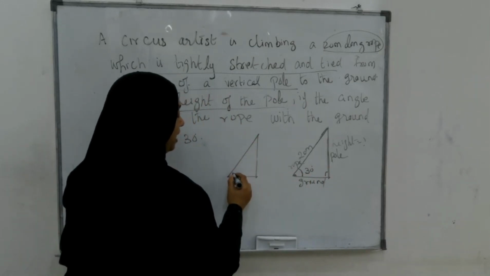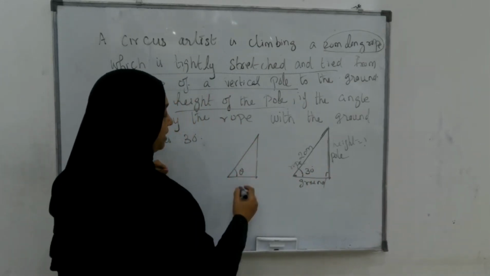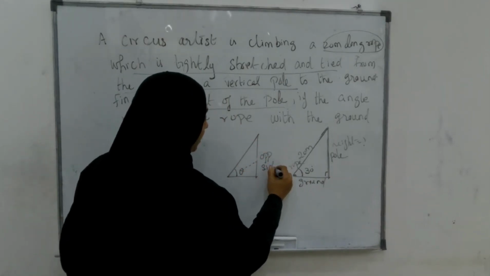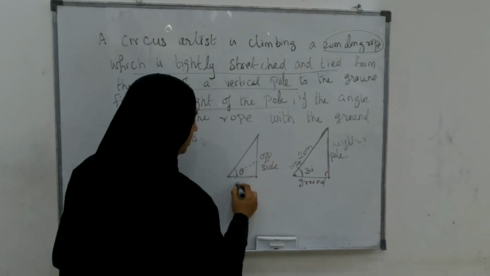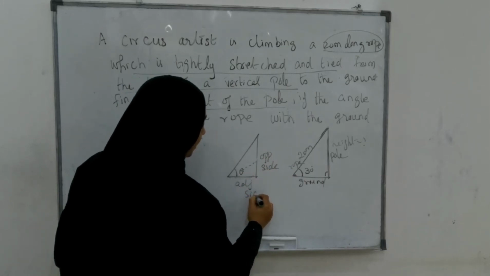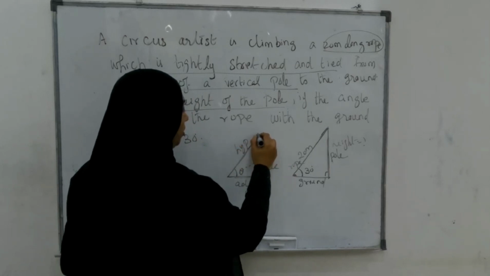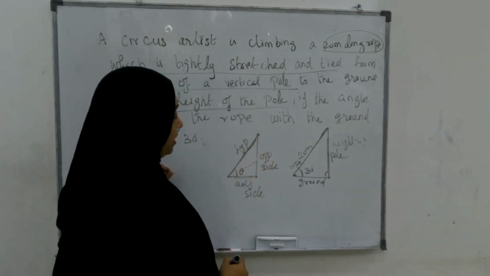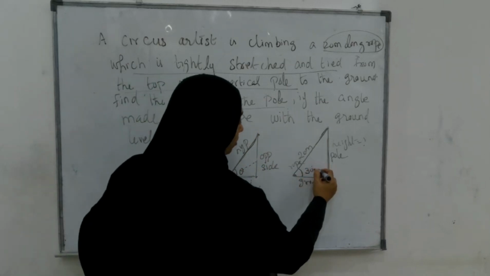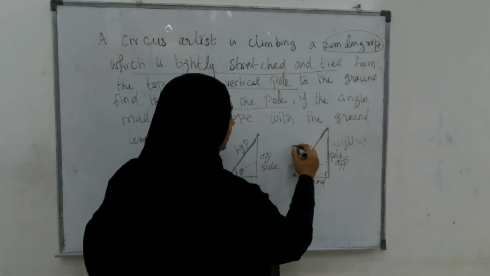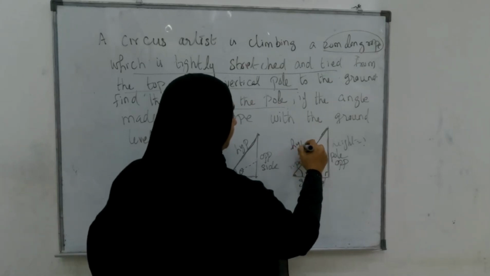If the angle is theta here, this side is our opposite side, this is our adjacent side, and this is our hypotenuse. The slope part is always the hypotenuse. Same thing here also. This is our opposite side and this is our hypotenuse.